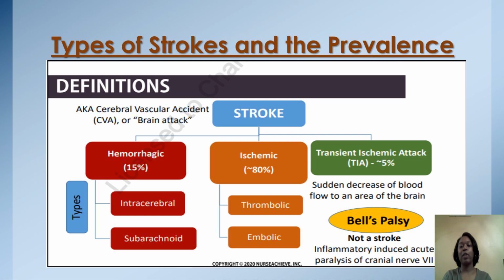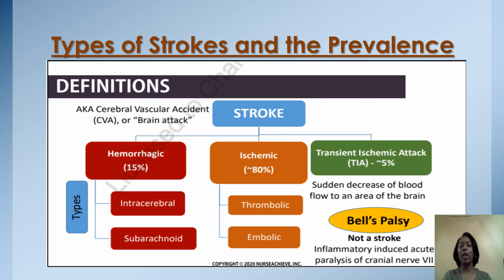The second type of ischemic stroke is embolic or embolus. Embolic is an embolus or clot that travels from another part of the body to the cerebral arteries, causing an occlusion or blockage of blood flow.